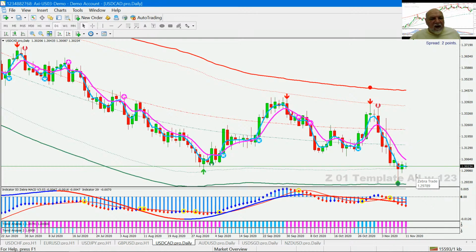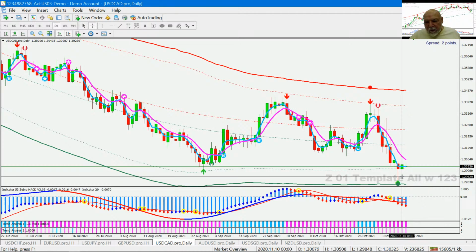This is the US CAD. All right. So here's what we might want to do: put on a trade with about a 60 pip stop, looking for a 300 pip gain.